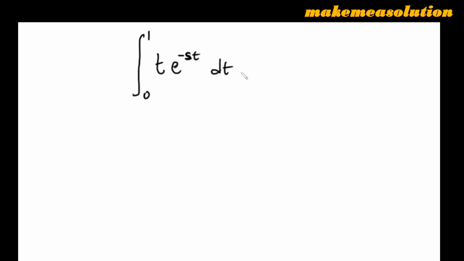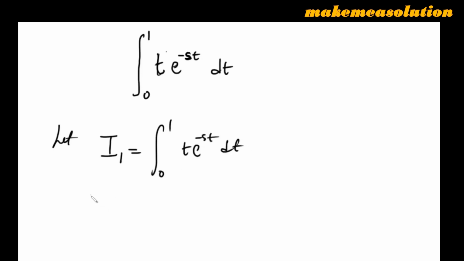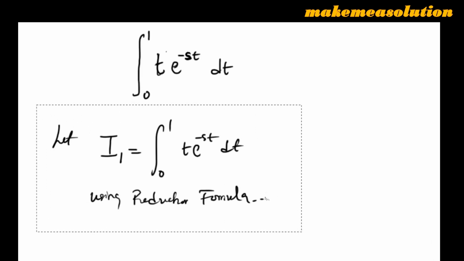So if you want to apply the reduction formula to solve this kind of problem, you can say let I, remember t has a power of 1 here, so I1 is equal to the integral from 0 to 1. Then you now have t e to the minus st dt. And you now see, using the reduction formula, let me copy all this and paste it somewhere up here so that we can get more space.